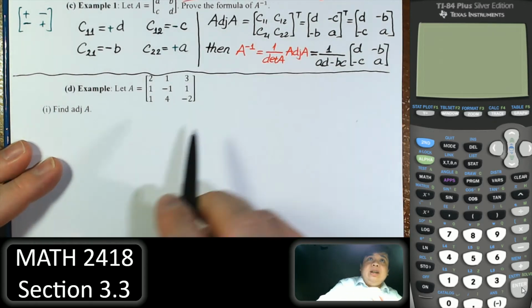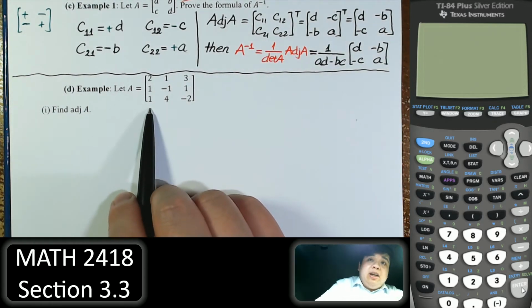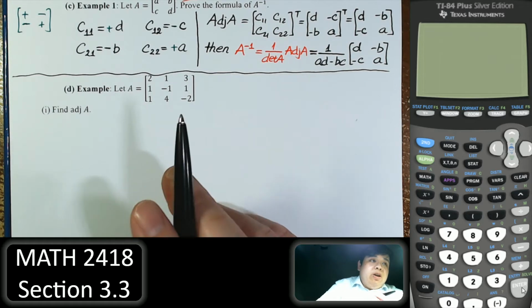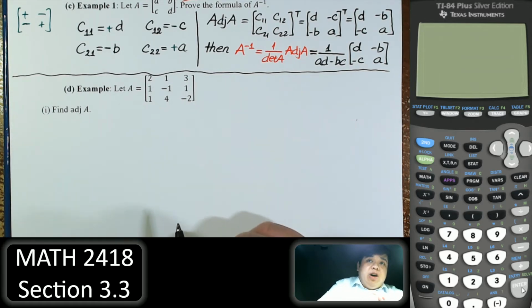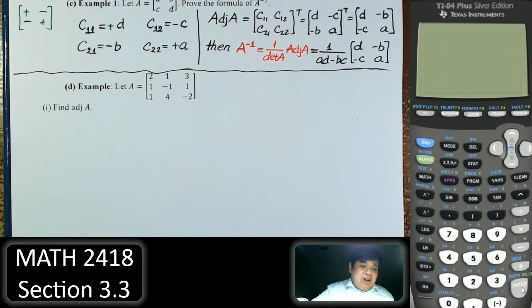Before we do anything, let's just find the determinant of A, because if the determinant of A is equal to 0, it is not invertible. Of course, the inverse does not exist, and we don't need to find it.